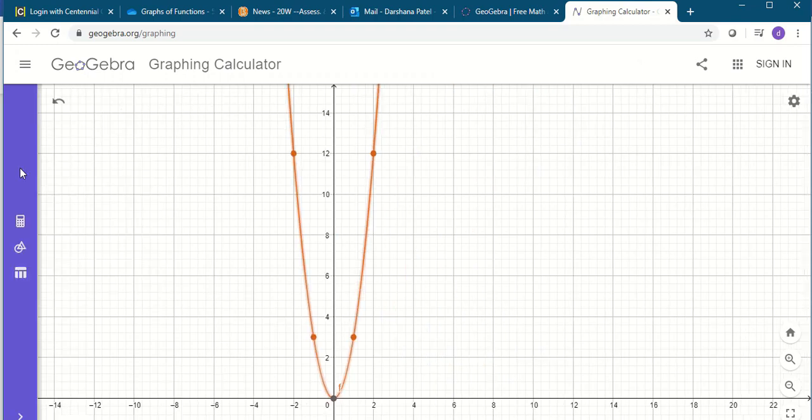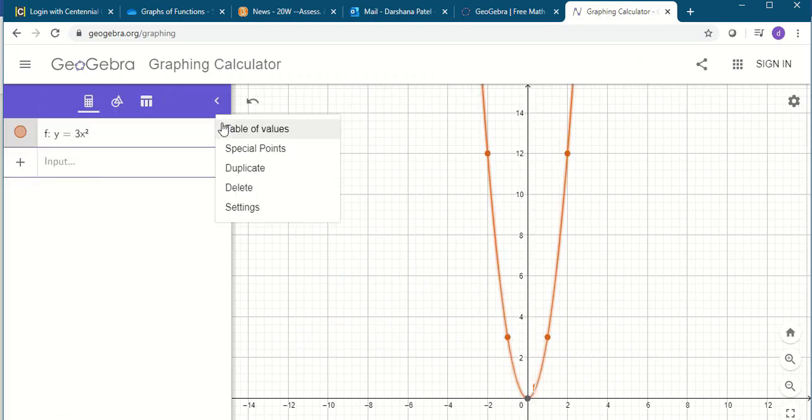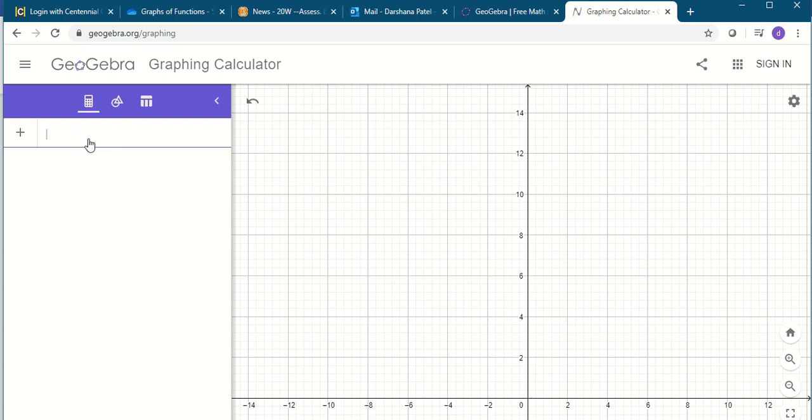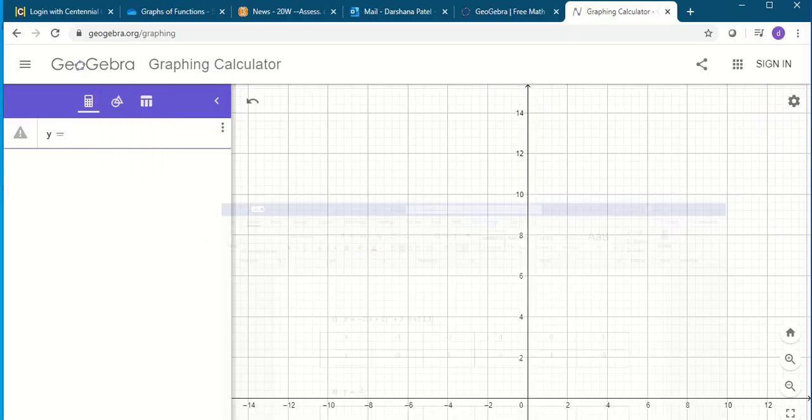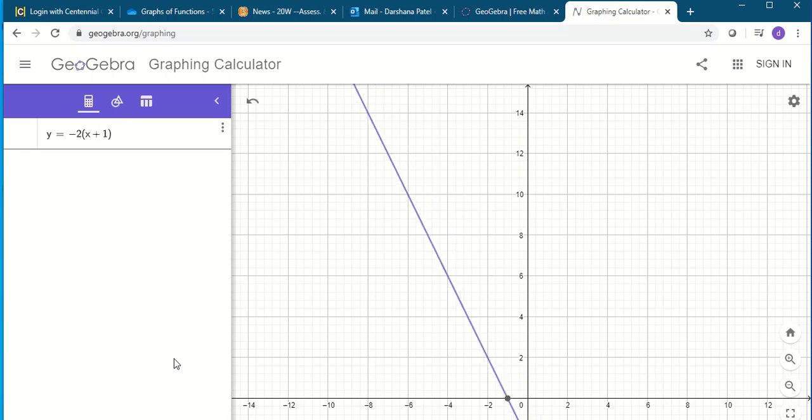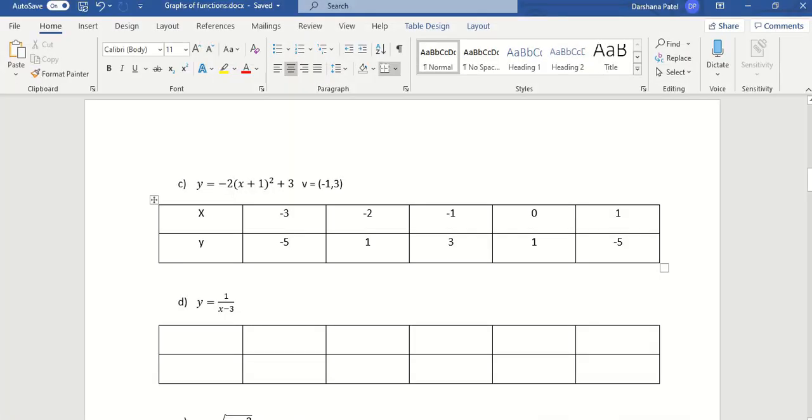So to graph that, we will say y equals negative 2 times (x plus 1) squared plus 3.